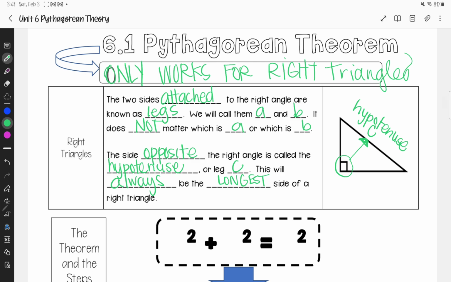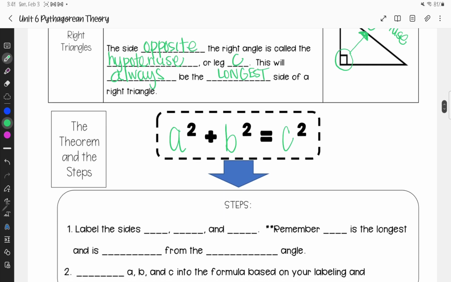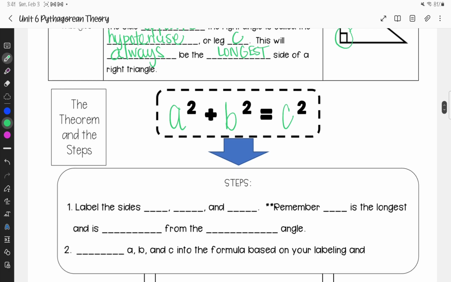So we have our formula for this, and if you remember in the book, he said a squared plus b squared equals c squared. That's the formula that he used. So here's what we're going to do. Step number one, we're going to label the sides A, B, and C. A and B are interchangeable.